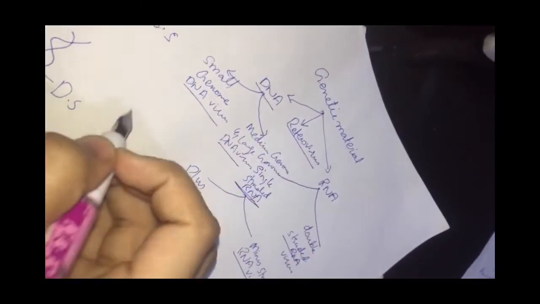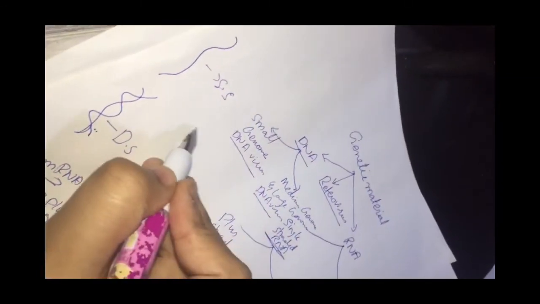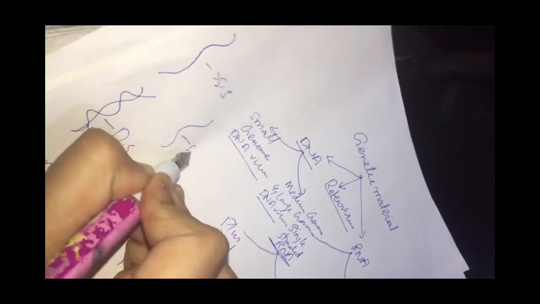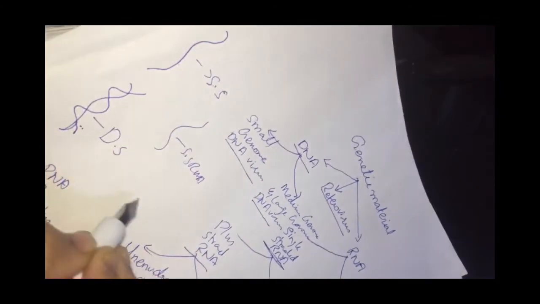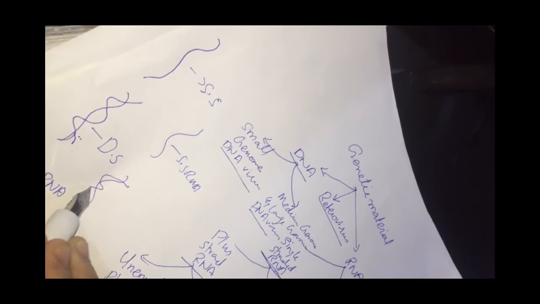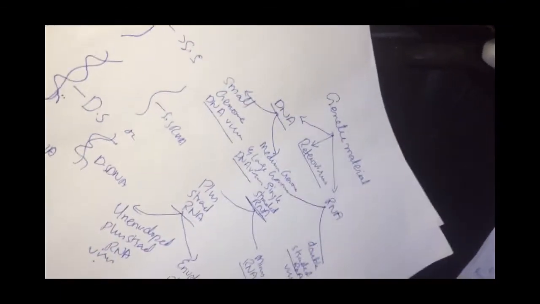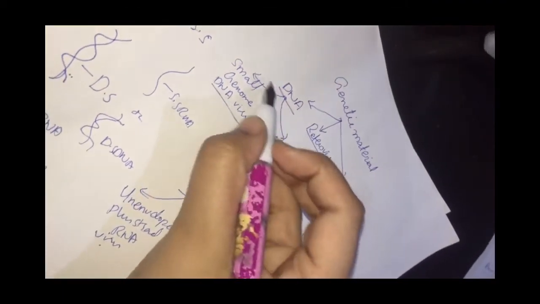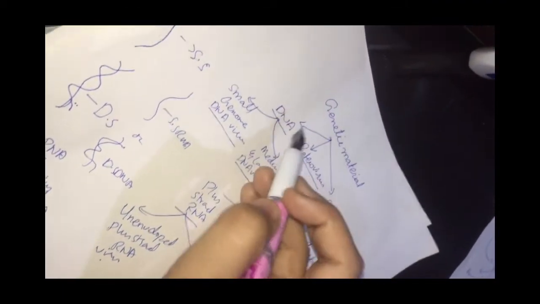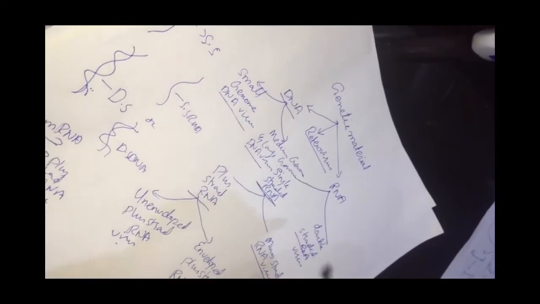Retrovirus will have either single-stranded RNA or double-stranded DNA. It will have either one of them. Thus, it is the mid category between them, because it can have RNA and can have DNA, but it cannot have double-stranded RNA.